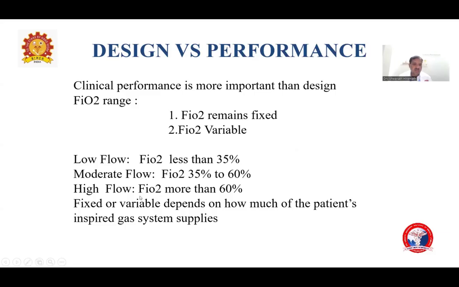With the high flow, more than 60%. Low flow, FiO2 less than 35%. Moderate flow, FiO2 35 to 40%. High flow, FiO2 more than 60%. Fixed or variable depends upon how much of the patient's inspired gas the system supplies.